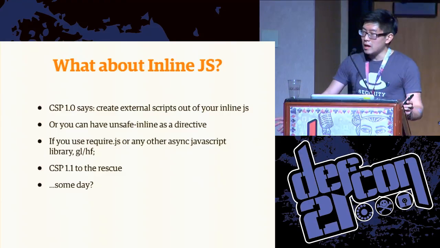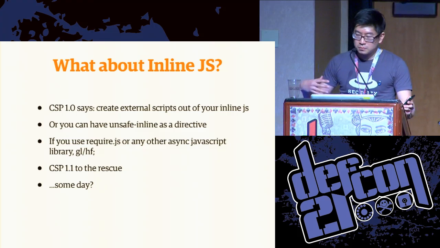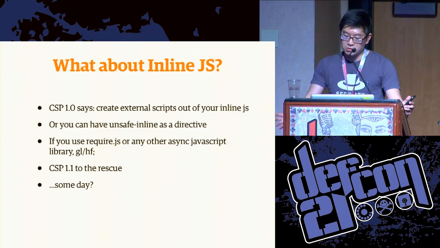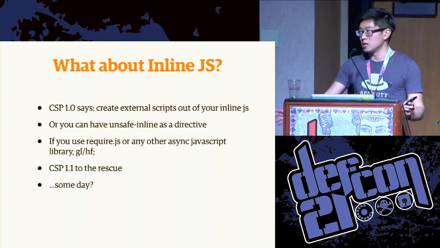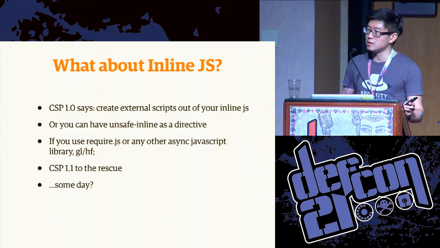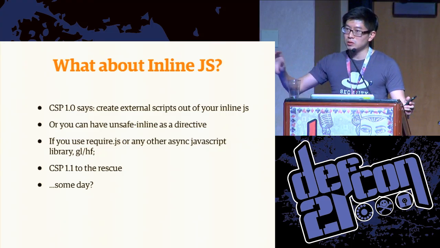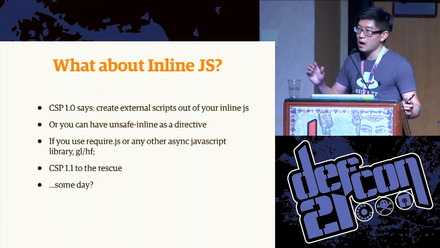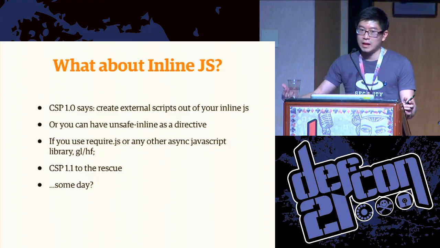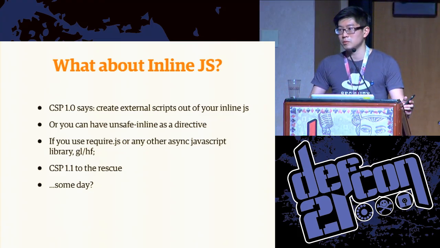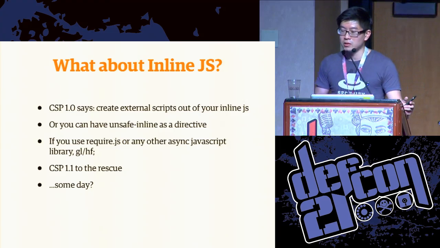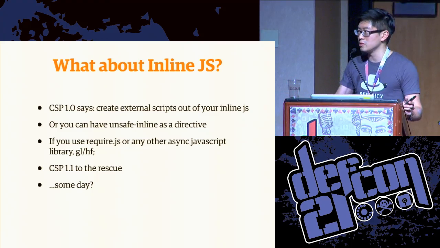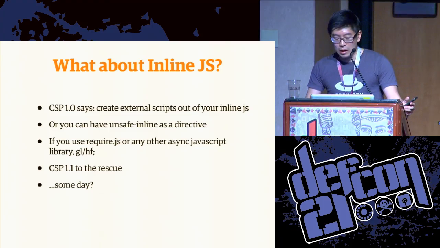And in addition, if you use any kind of asynchronous JavaScript loading library such as require.js, this also has implications, because require.js and other asynchronous JavaScript loading libraries essentially like to say, hey, I want to load this bit of JavaScript, so at some point during the rendering of the page, I'm going to call append child to the head of the document with the contents of the JavaScript. And because this is all done asynchronously, it's very fast. There's no additional HTTP call, but the problem is that that's going to cause issues with content security policy 1.0.